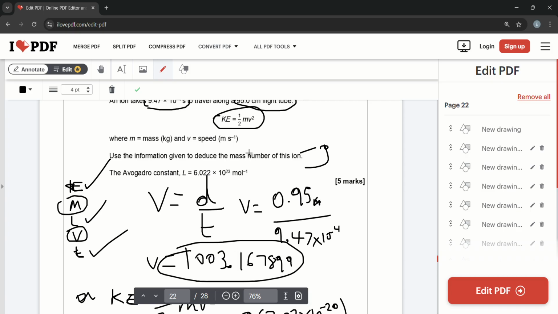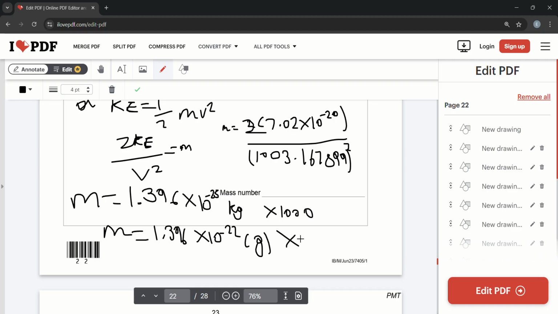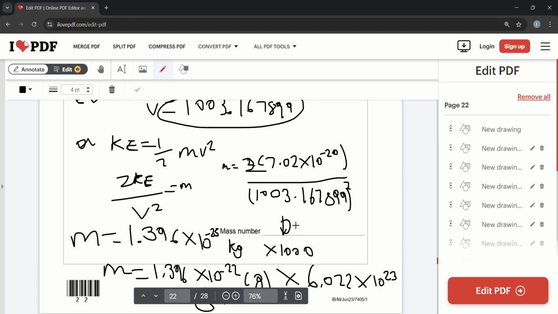And that's not the mass number. In order to find the mass number of the ion, we need to times by Avogadro's constant, 6.022 times 10 to the power 23, and we get mass number equal to 84.06712, so we'll just say 84.